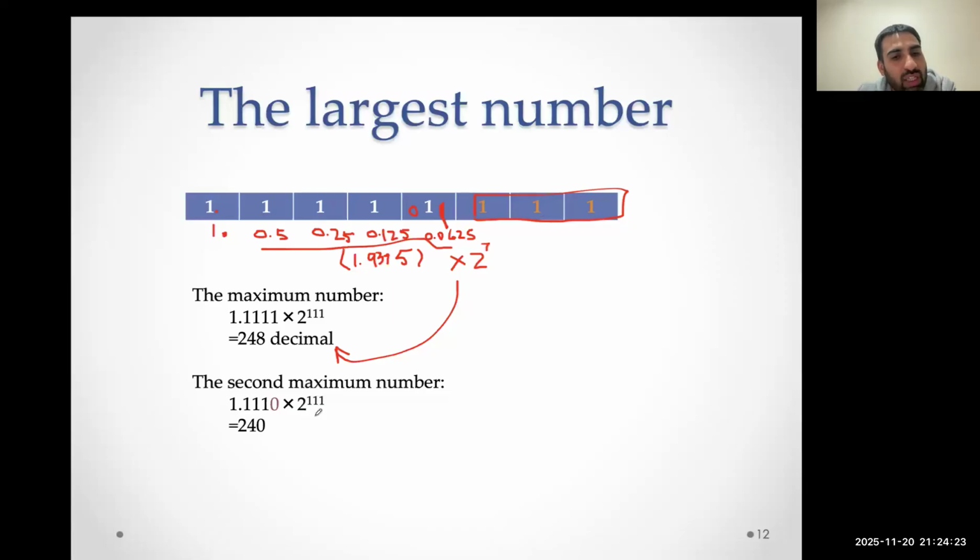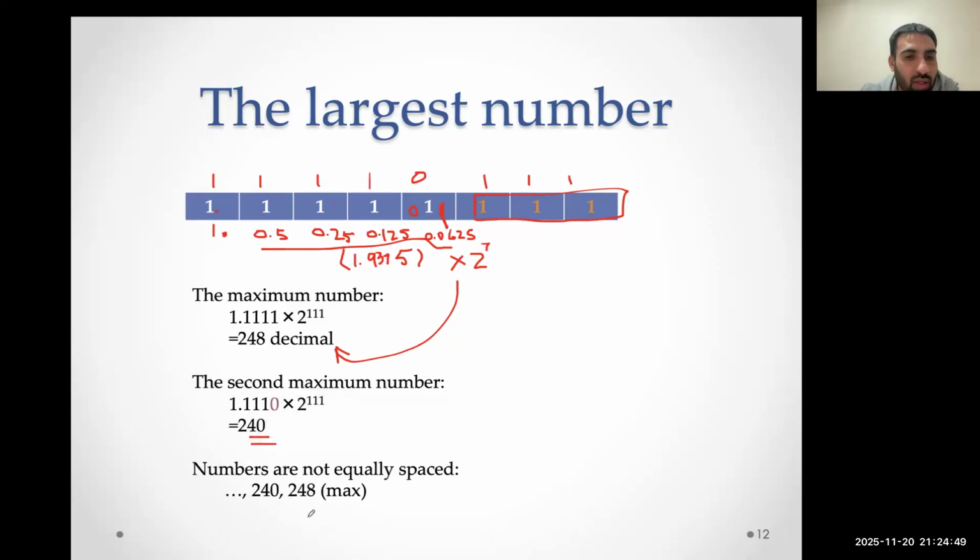When you do the same procedure to find the equivalent decimal value, you will get 240. So the second largest number is 1111011, which becomes equal to 240, right?